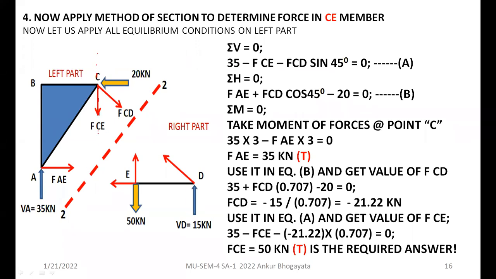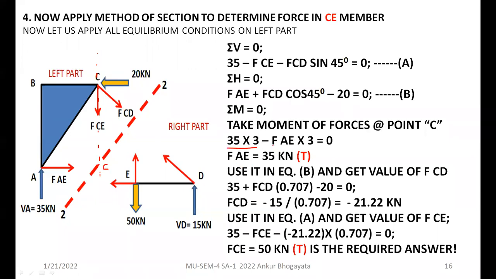If I extend this geometrical data, this is 3 meter, right? So this is the force and this is the distance. This is our reference point, which can be shown here also. It is as good as this, right? So this is the distance and this is the force. It will create clockwise moment. So 35 into 3.